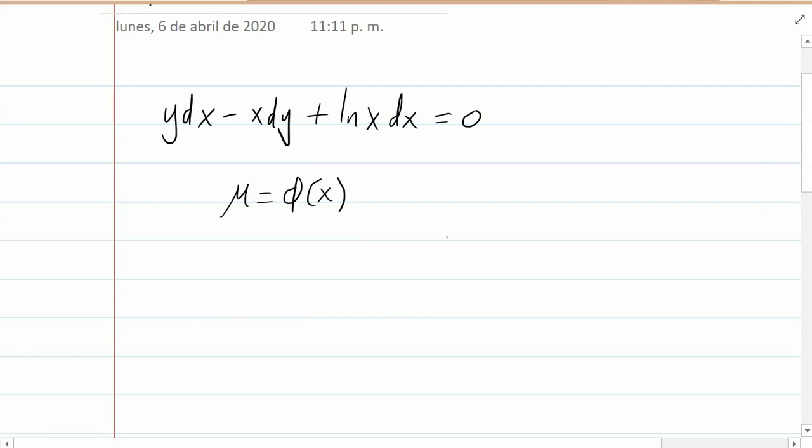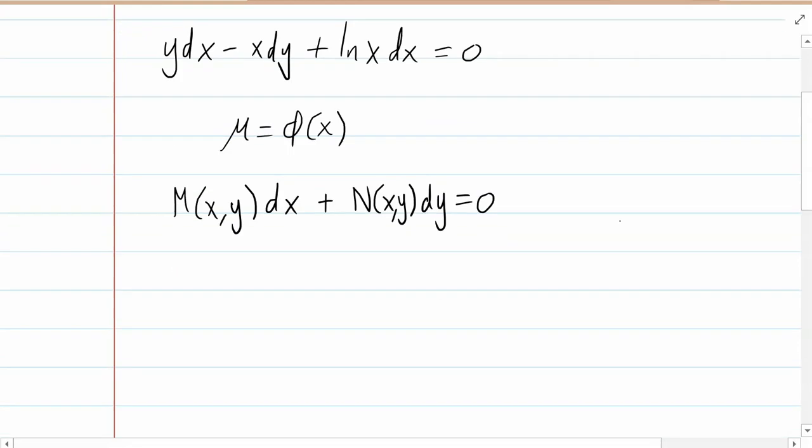So I'm going to rewrite this in the form M(x, y) dx + N(x, y) dy = 0. That means that I have (y + ln x) dx - x dy = 0.